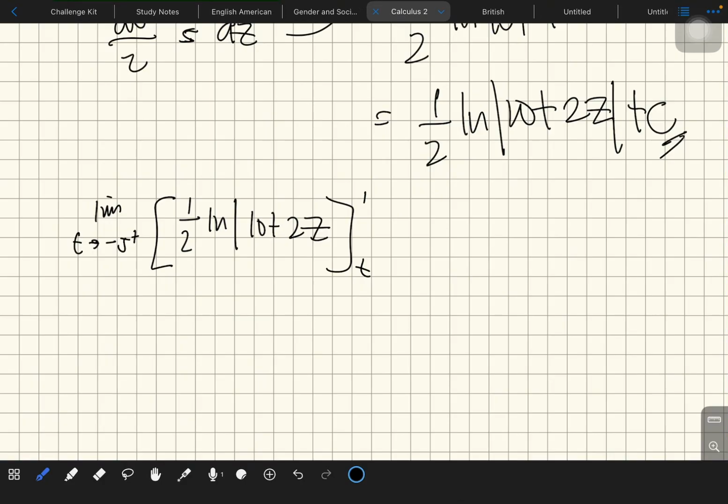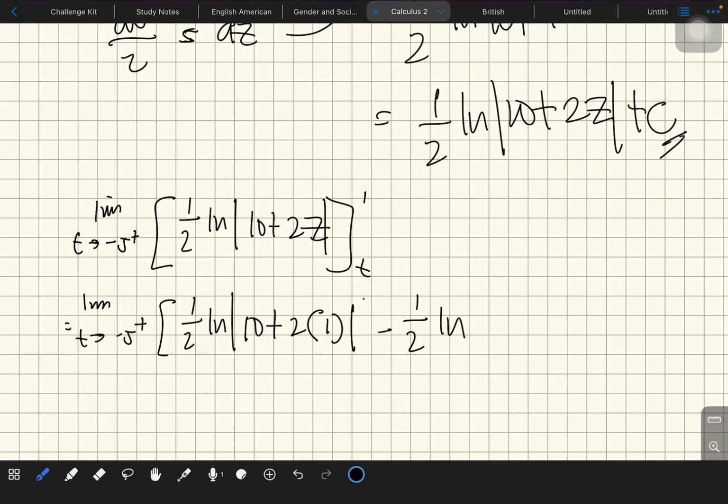So this will become the limit where t approaches negative 5 from the right, 1/2 ln of 10 plus 2, substitute, minus 1/2 ln of 10 plus 2, substitute the t.